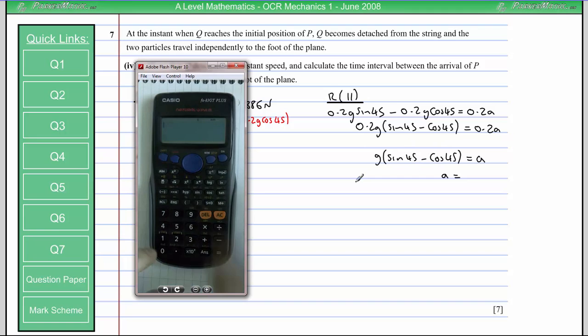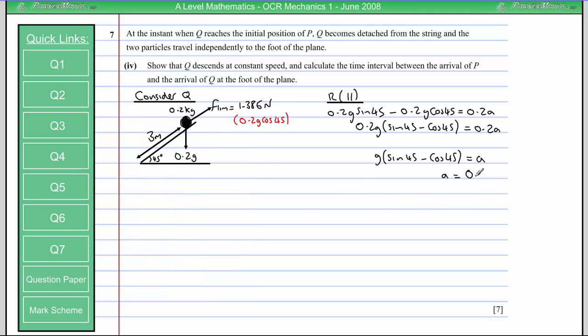I'll just show you that on the calculator anyway. Sin 45 minus cos 45 is going to give 0. So if you'd not spotted it, it wouldn't matter. So the acceleration is 0 meters per second squared. So because a is 0, we can therefore say that Q descends at constant speed. So that's the first part of the question done.